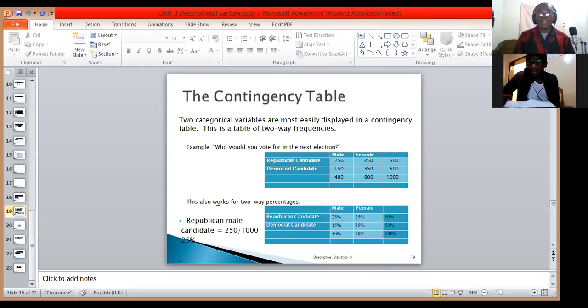Yes, sir. This is what is called a contingent table. Now, you are going to understand this very well when we start dealing with probability.